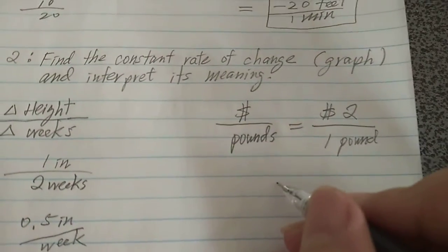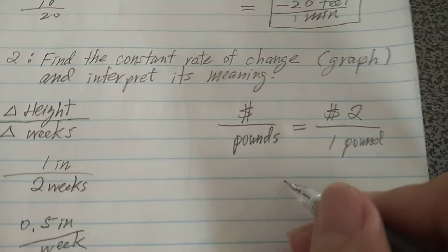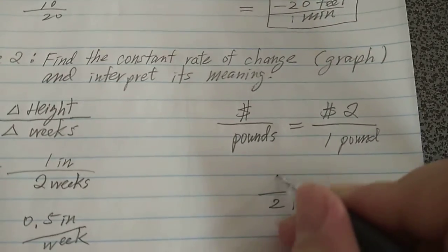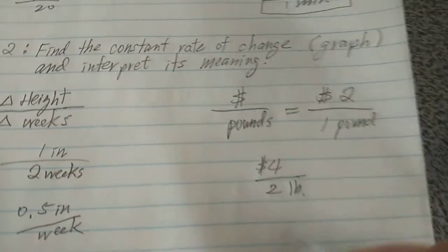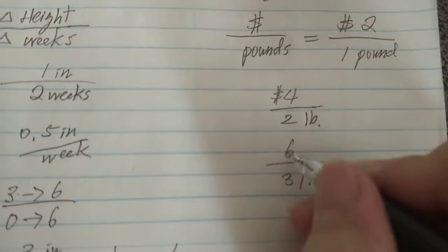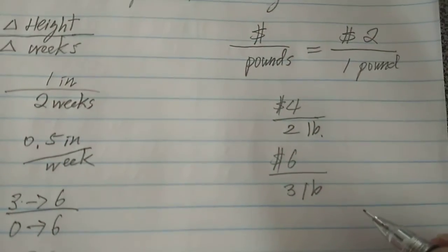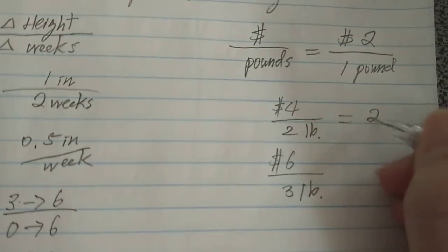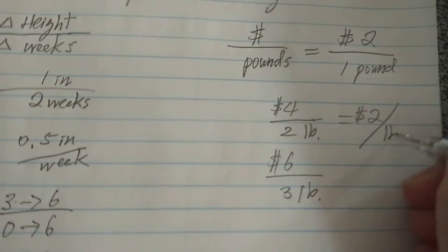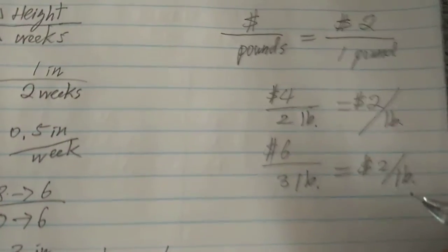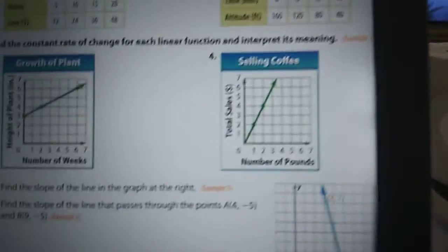Because at 2 pounds, I'm going to write LB for pounds. For 2 pounds, it was $4, right? And at 3 pounds, it was $6. Okay, LB stands for pounds. So this is the same thing. This is $2 per pound. This is also $2 per pound. Okay. So that's the meaning of this graph.